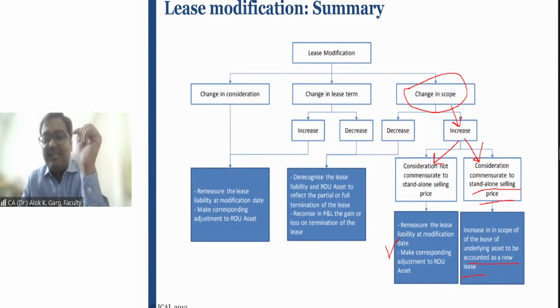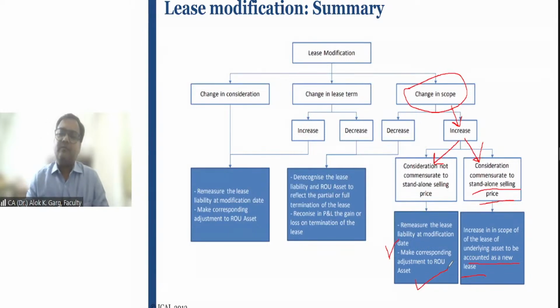The existing lease liability is required to be remeasured, right? Remeasured, and whatever change there is, the impact needs to be taken into the ROU asset as well. For example, the example which I have taken: 10,000 square feet was at 50 rupees, additional 5,000 square feet at 25 rupees, and it happened after 2 years.